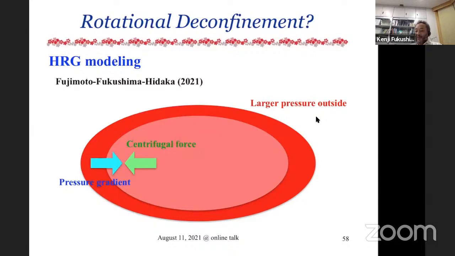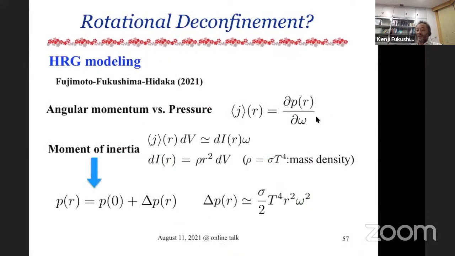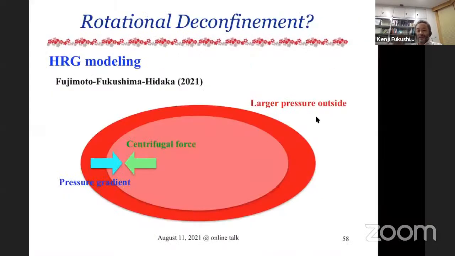If you have the inhomogeneous pressure, then the pressure gradient gives you the force. If you have a larger pressure outside, then the pressure gradient is directed inward, right? And this inward force should be balanced with a centrifugal force. So if you have such a centrifugal force due to the rotation, you must have larger pressure outside, okay? This is explained using some simple expressions, but anyway, the intuitive picture is this.